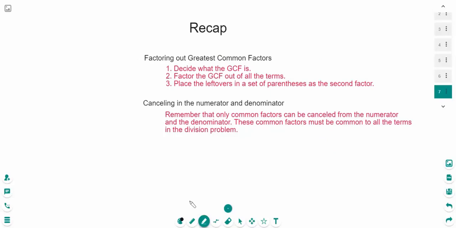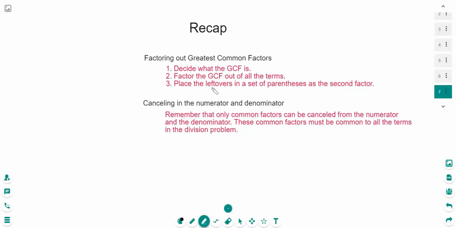All right, so I think we're going to stop here for today, but just as a real quick recap, because this was a pretty important lesson here. What did we do today? Well, we learned how to factor out the greatest common factor, right? And how did we do that? We first decided what the greatest common factor is, and then we factored out the greatest common factor from all of the terms.